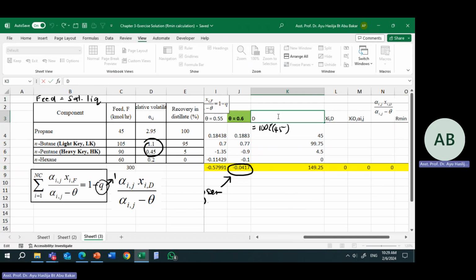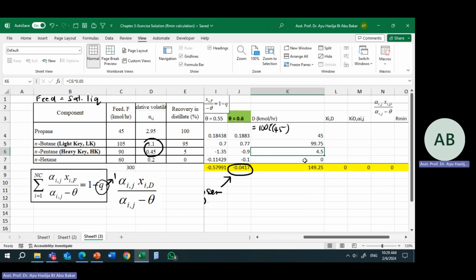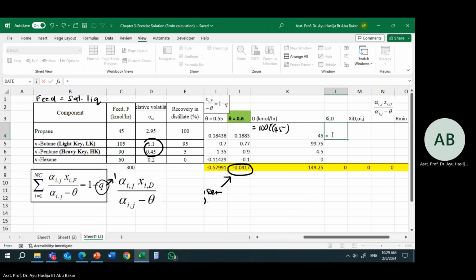This is the distillate rate, not yet the fraction. To get the fraction, divide by the total.